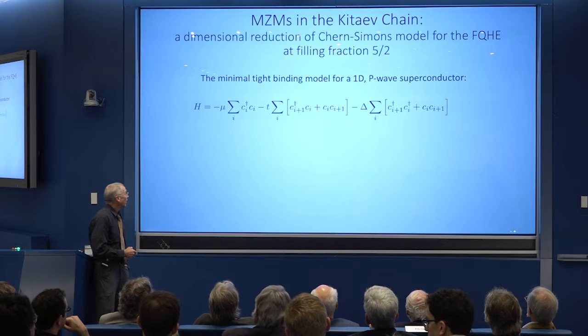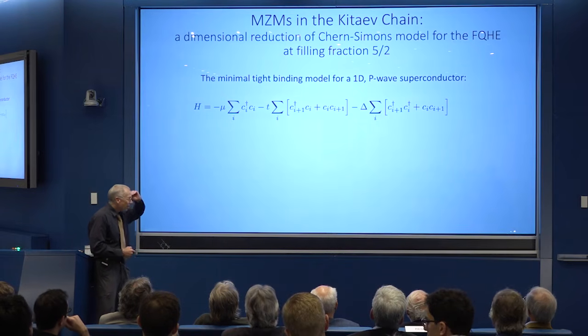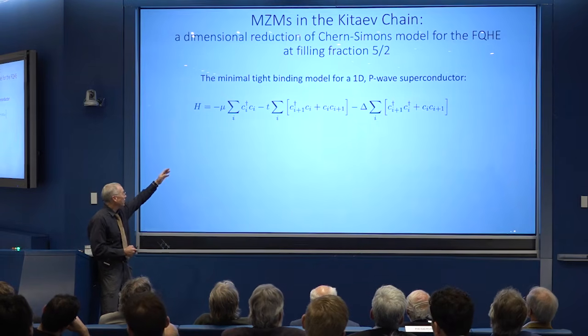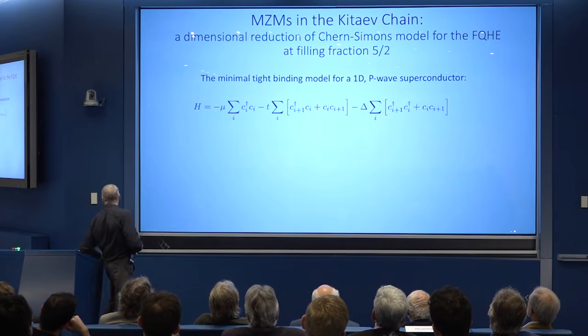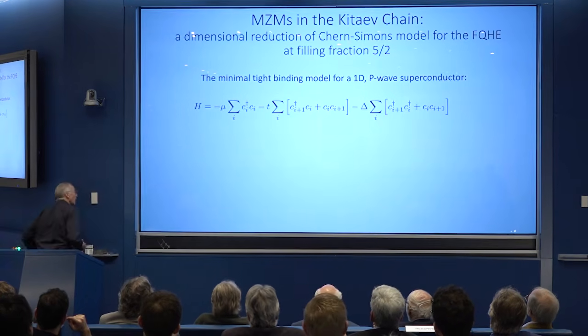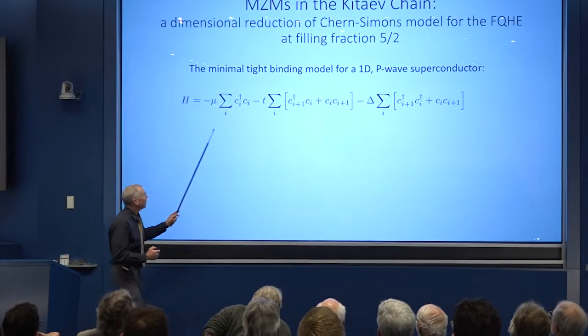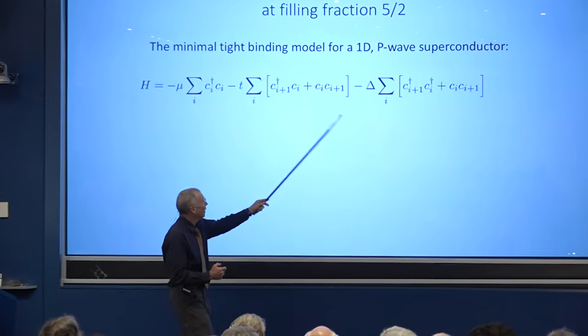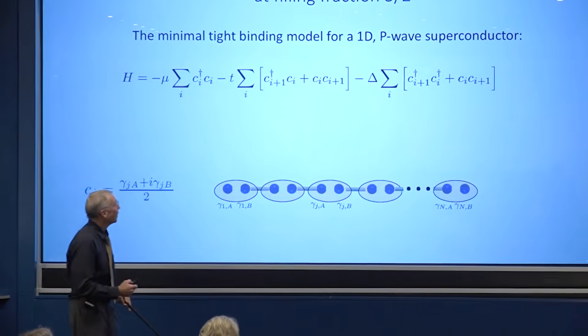It's the Kitaev chain, and now it's written down in kind of condensed matter notation, creation and annihilation operators. The first term is a potential term, and this is a hopping or kinetic term, and those are superconducting terms.